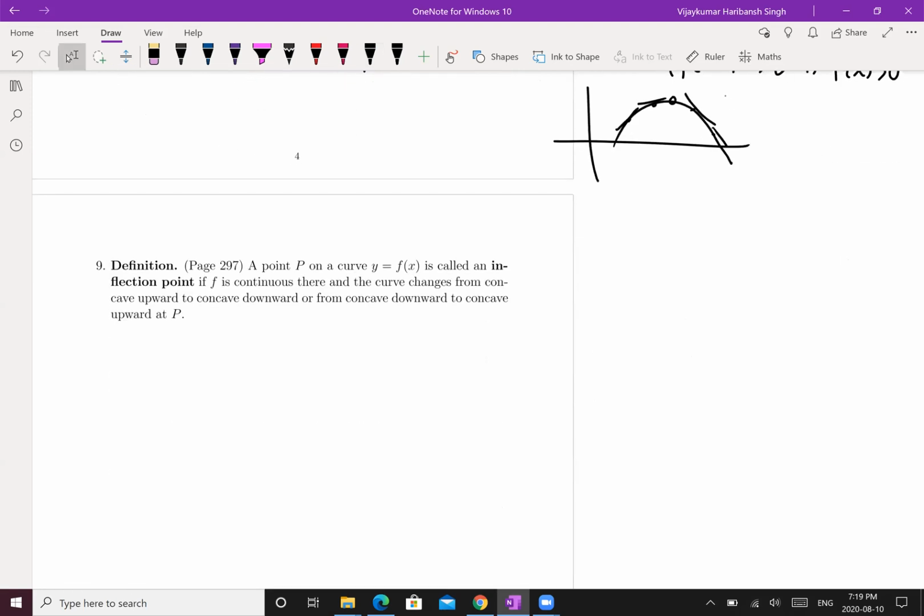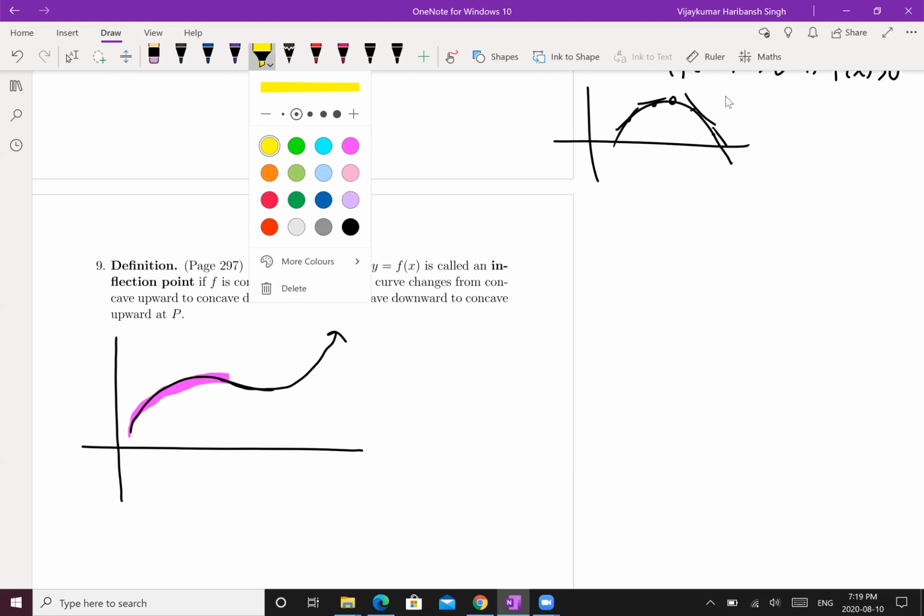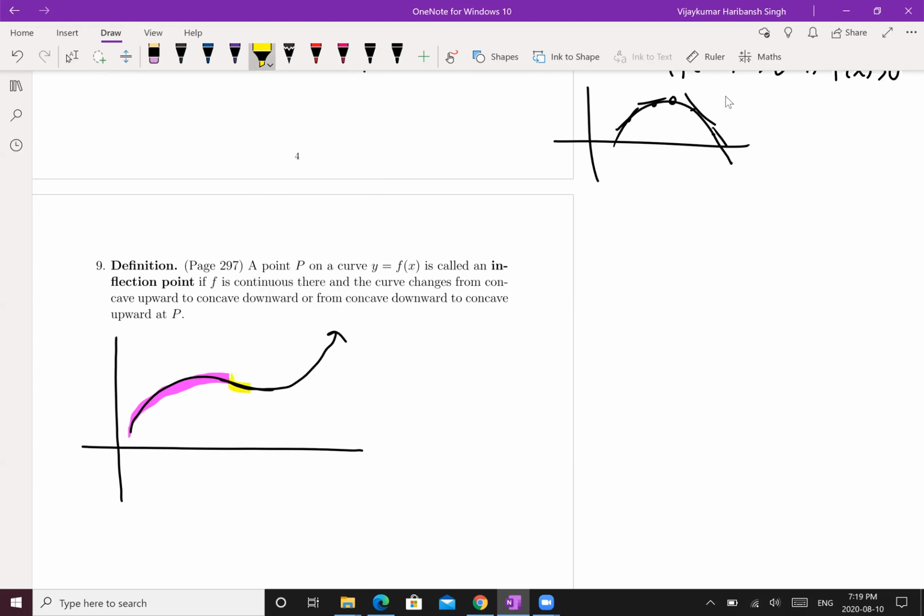Now notice the following. For some graphs, the function is concave upward and then it becomes concave down. The function was concave up from here to here, but after that it becomes concave down. So this point becomes a special point.